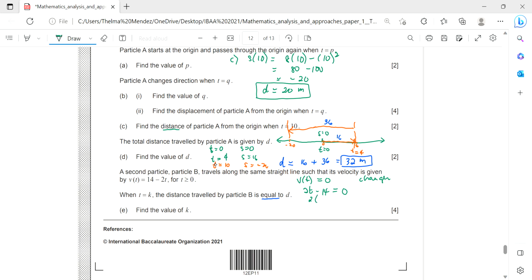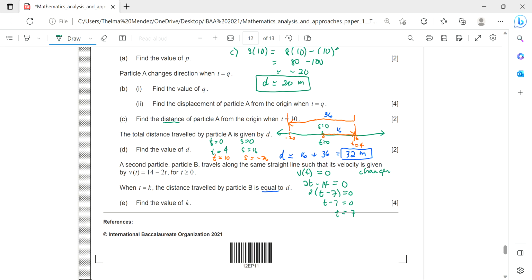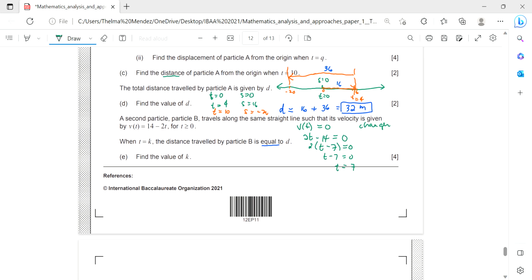Okay, let's find the factors. t minus 7 equals 0; 2 equals 0 is false. So t minus 7 equals 0, t equals 7.